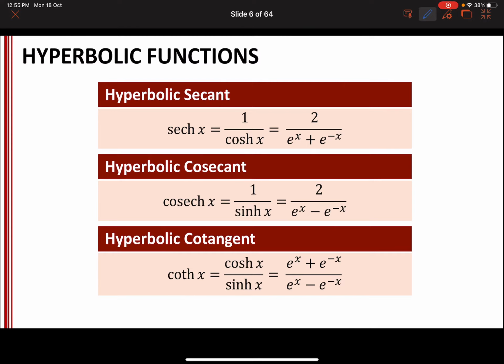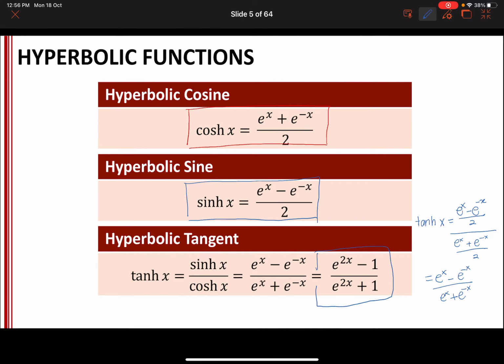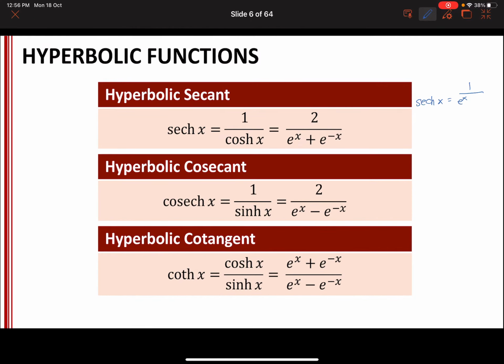Hyperbolic secant is defined as follows. We know that secant is equal to 1 over cos. So sech x is equal to 1 over cosh x, and we know that cosh x is e^x plus e^(-x) over 2. So this is equal to 2 over e^x plus e^(-x). Similarly, we have the cosecant, which is 1 over sinh.